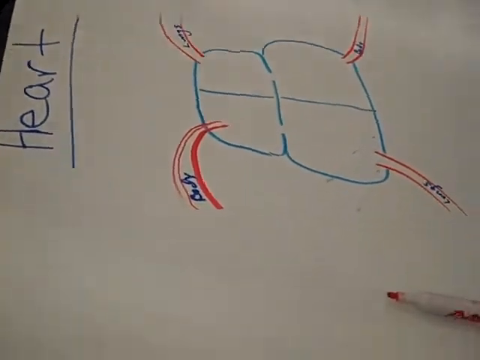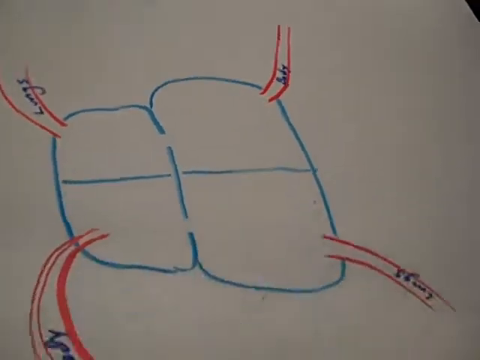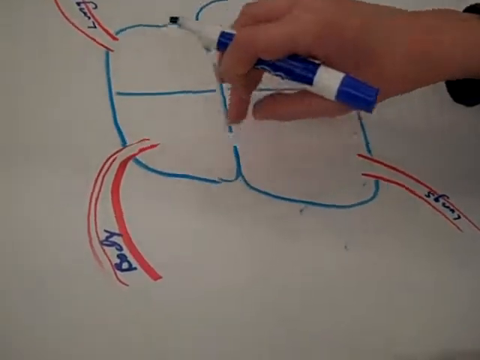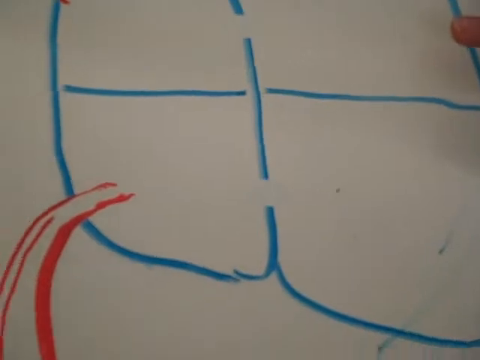Okay. Now, I'm going to give you one hint. So this is body, lungs, lungs, body. Now, on the lower right, I want you to make really strong muscular walls.